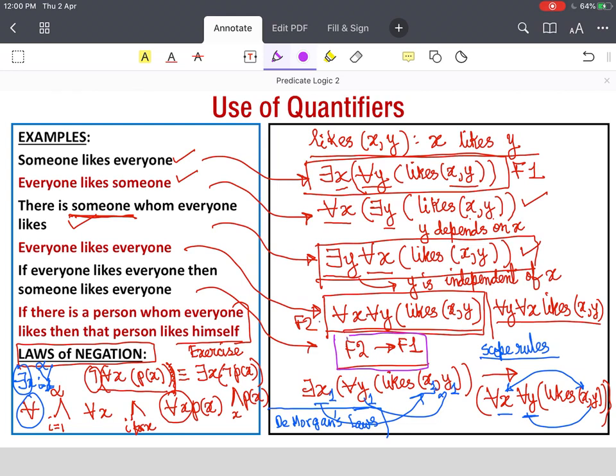So everyone likes everyone is F2 here, and someone likes everyone is F1, and I had written this side implies this side, which actually should be the other way. This is the small mistake, because it is F2 implies F1. So the implication should be from F2 to F1.